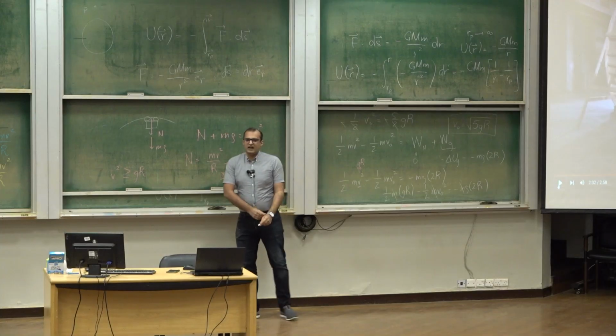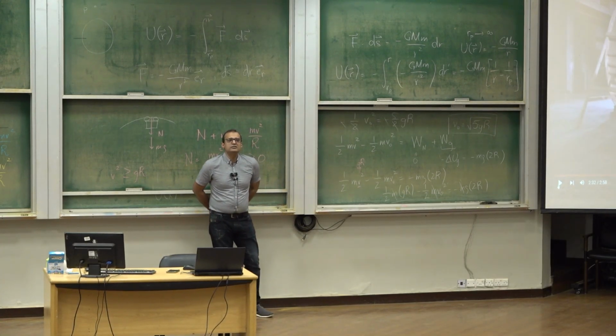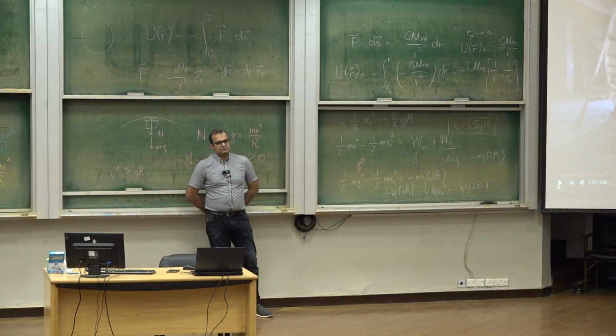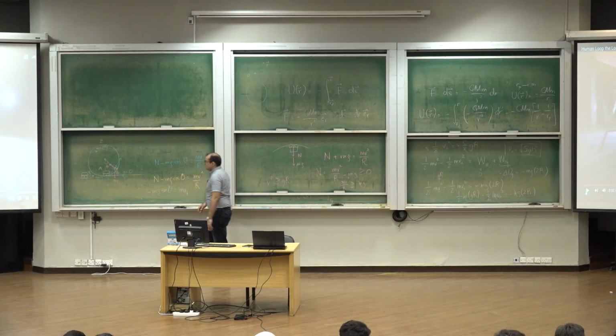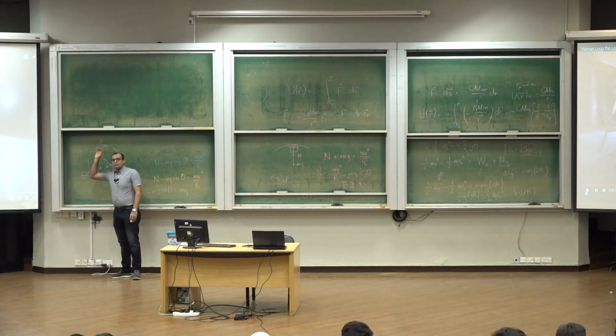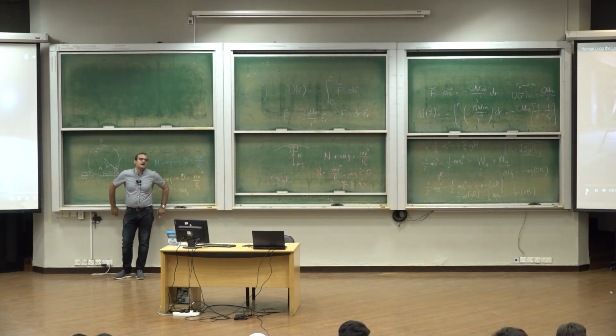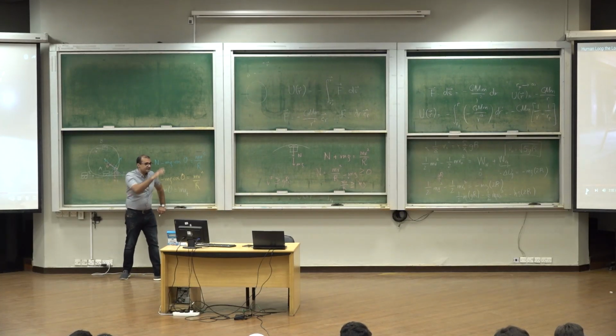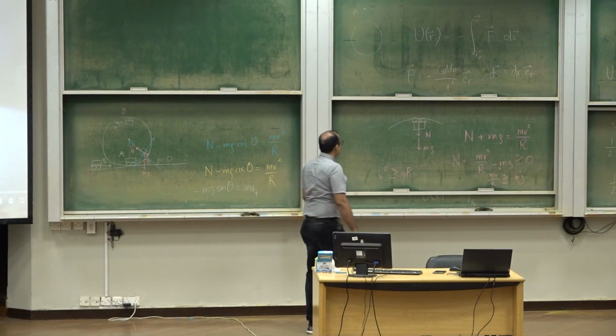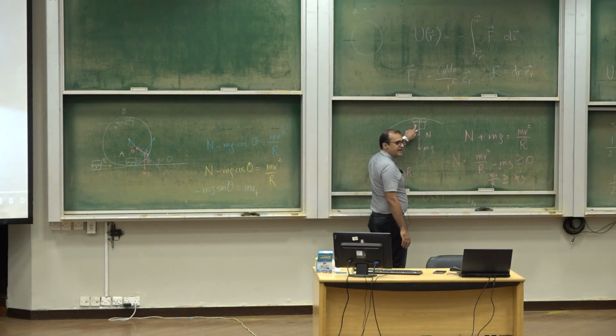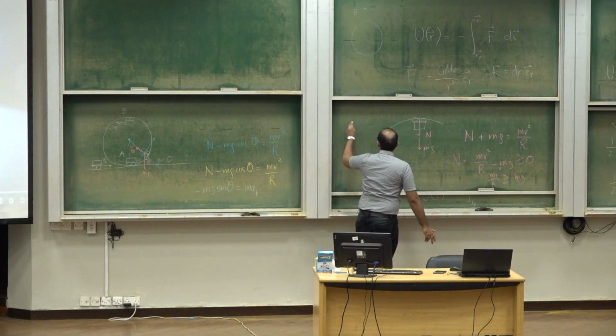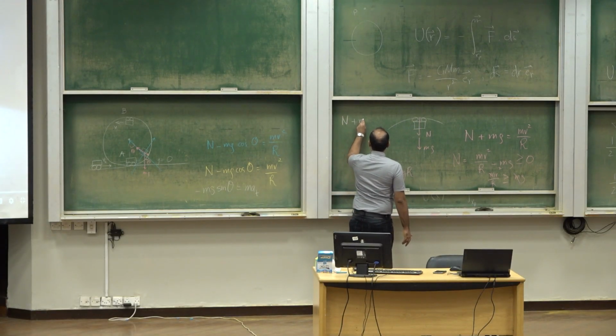That's why your toy car kept on falling down. If you have a person instead, you can find out what the speed at the top should be. They did that calculation in the video. What should the speed of the person be at the top of the loop? Again, it's exactly the same thing, with a person instead of a toy car. At the top of the loop, the forces acting on the man are n plus mg.